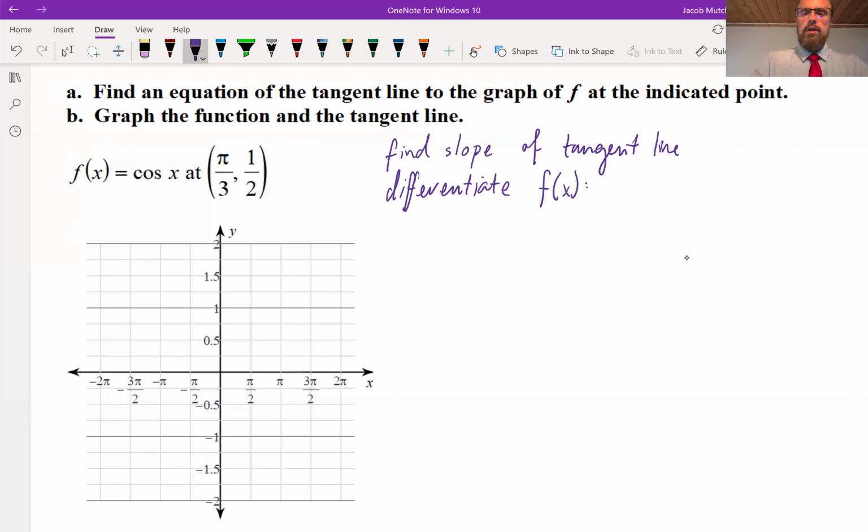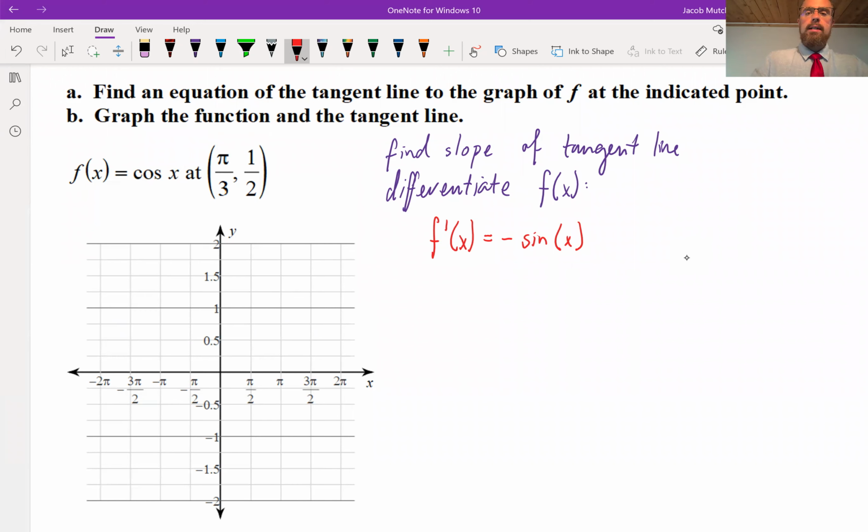Our function is f of x equals cosine x. So the derivative, f prime of x, is going to be negative sine of x. And there I'm just applying my differentiation rule for cosine.